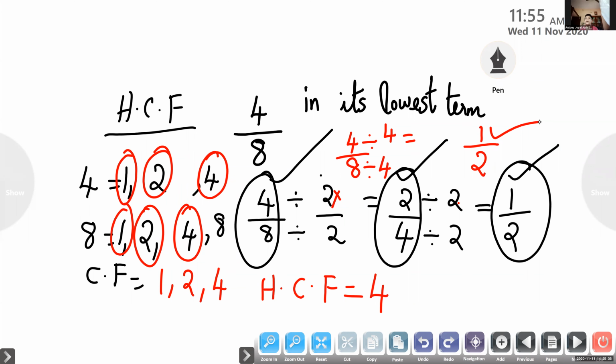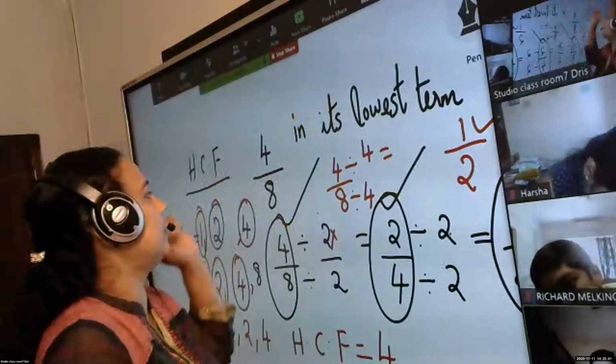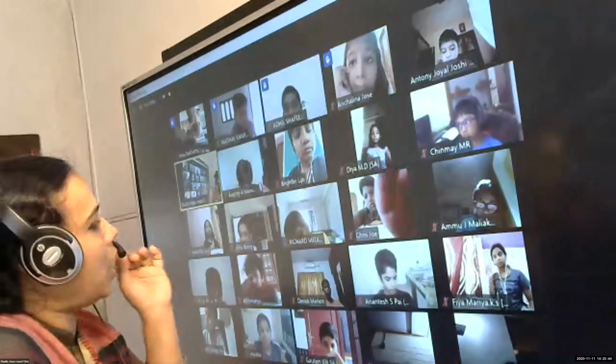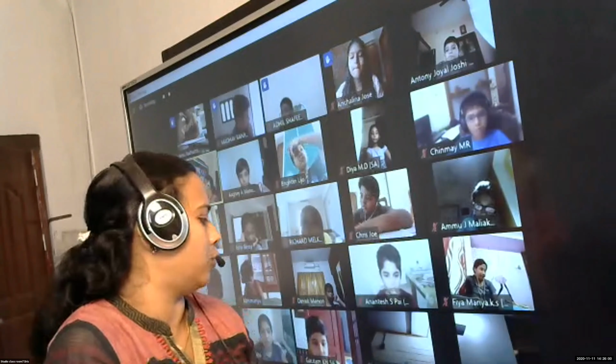Children, we already said that if you are dividing the numerator, you have to do the same with the denominator also, either multiply or divide by the same number.